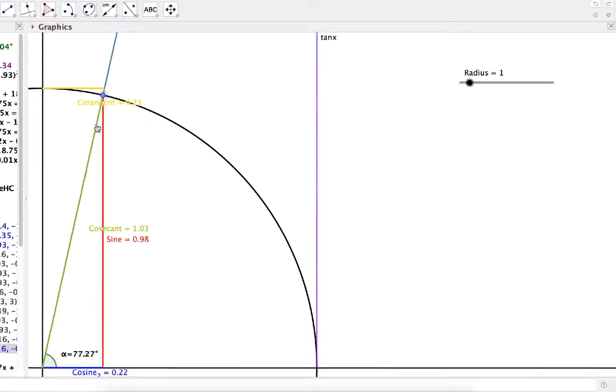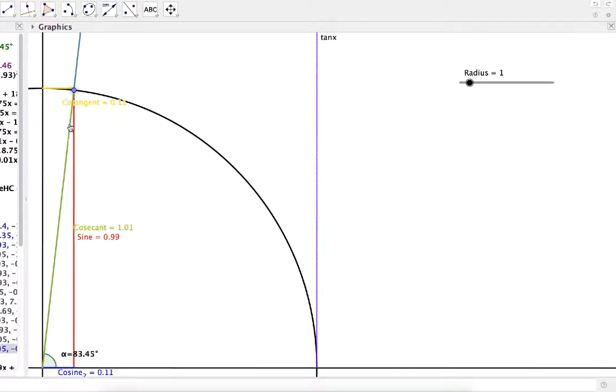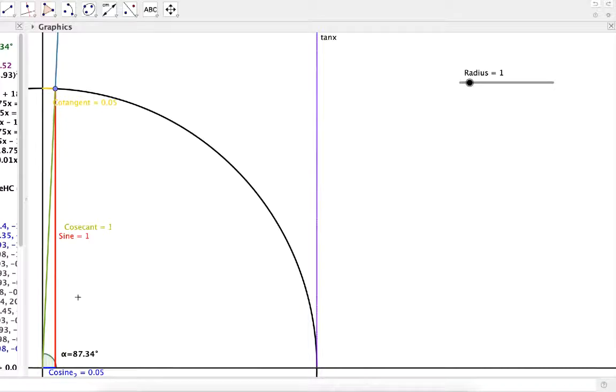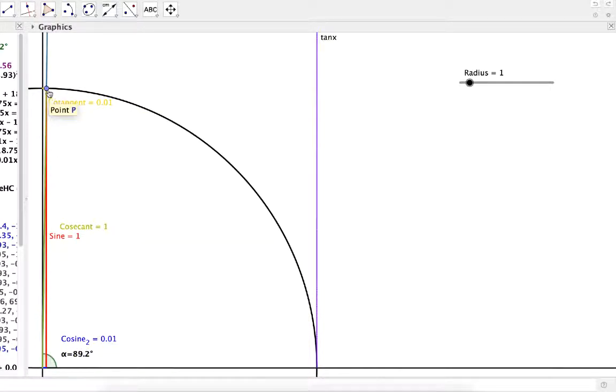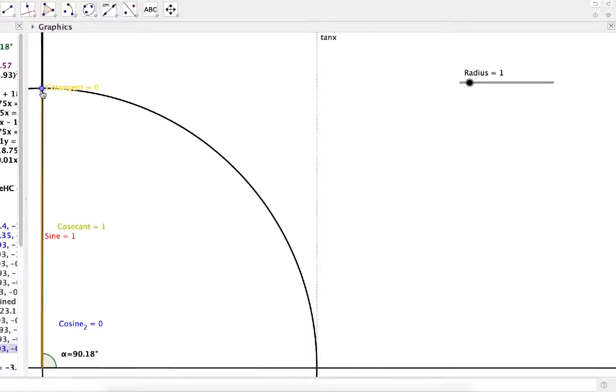So as alpha gets closer and closer to 90 degrees, we notice that cosine is getting closer and closer to 0. And that makes sense because cosine is the difference in the x direction, and it's getting less and less because as alpha goes to 90 degrees, the ray that's caused by angle alpha actually lives on the y-axis.